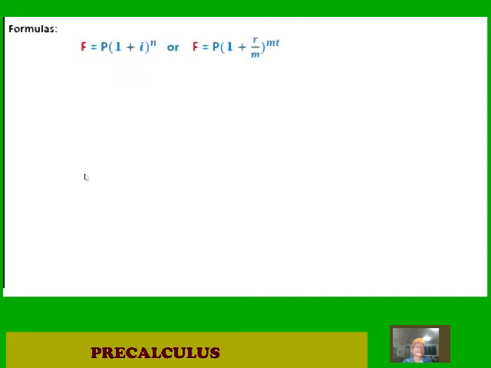Okay, let us go about with the formula. F, the future amount or maturity value, is equal to P times quantity 1 plus I raised to the n. I is equal to nominal rate over m.